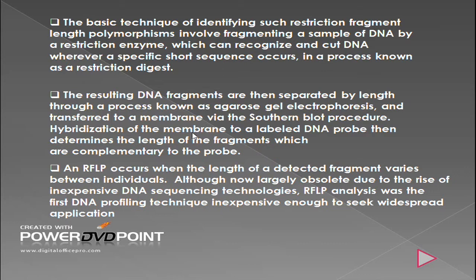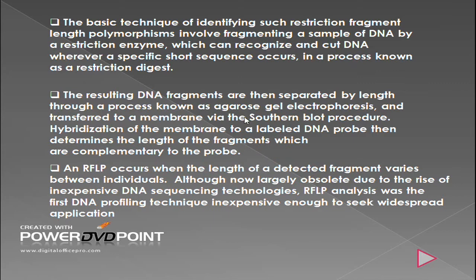So after digesting the DNA, what we have done? We have put the DNA fragments onto an agarose gel, where they are separated according to their sizes and then transferred to a membrane through the Southern blotting procedure.